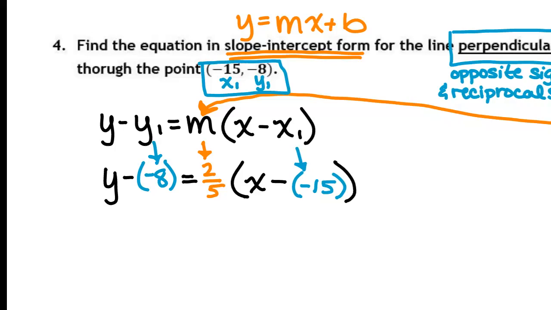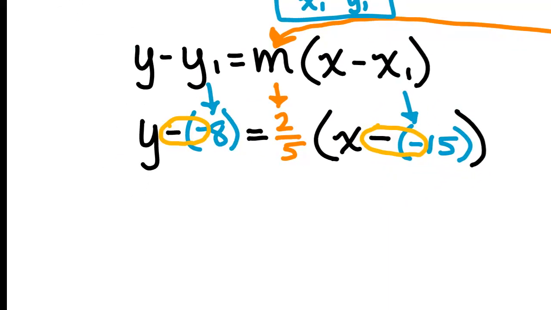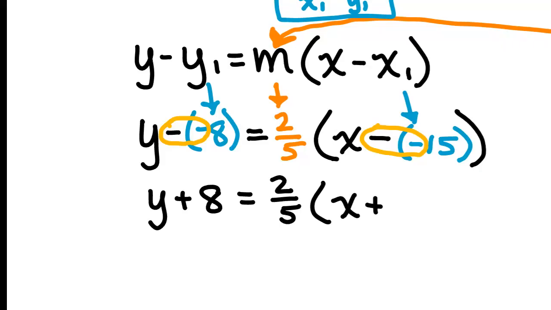On both sides of the equal sign, we are subtracting a negative. So what happens there? Addition. So this would become y plus 8 equals 2 over 5, parentheses, x plus 15.